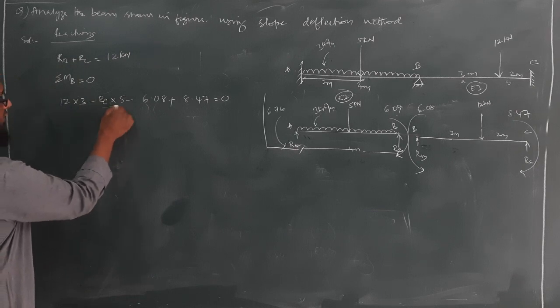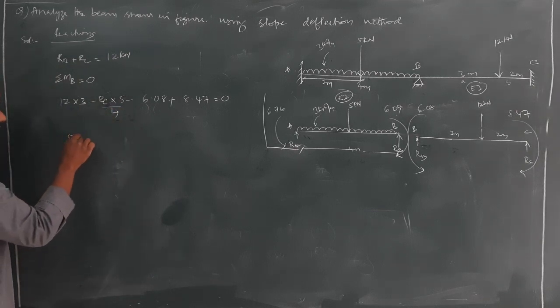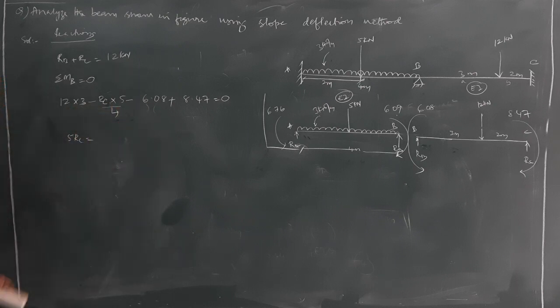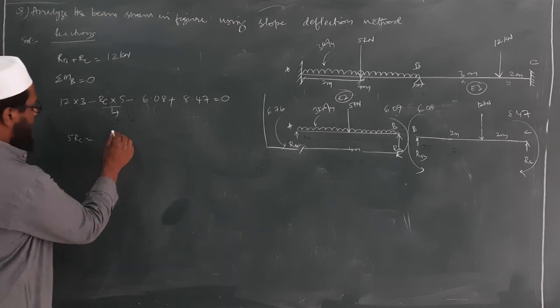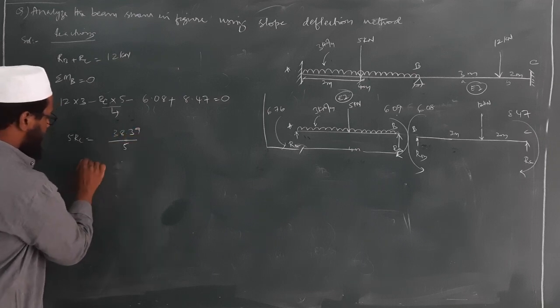So this RC will shift towards the right hand side. So 5 RC is equal to 36 minus 6.08 plus 8.47. Tell me the value. 38.39 divided by 5.